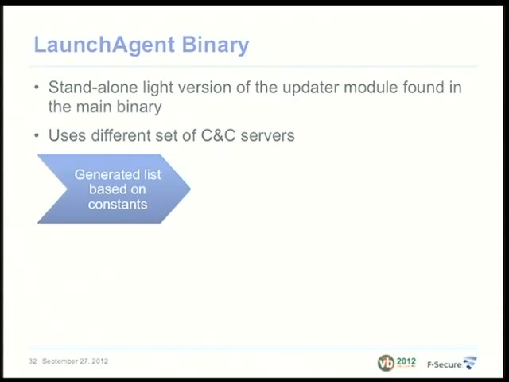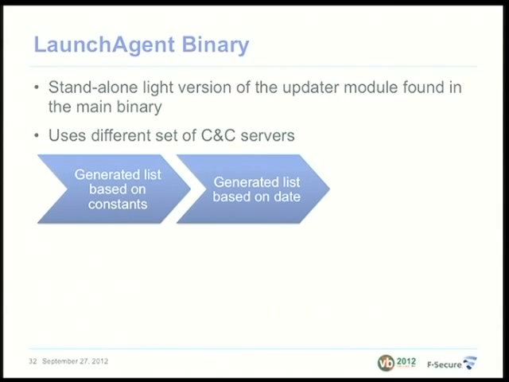If none of the servers are valid, then it will generate another set of CNC servers using the same algorithm, but this time it uses the date as input. So the resulting CNC servers generated will be the same for all variants in this case. And finally, it will also try a hard-coded list of CNC servers.